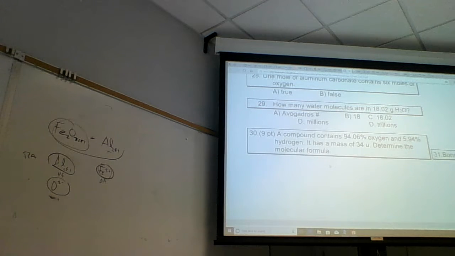A mole of hydrogen is 1.01, but in this case, I want to use one more, so I'm going to call it 1.008 grams. That'll give me 4 sig figs, but I only have 3 sig figs here, so. 5.94 divided by 1.008. 5.89.